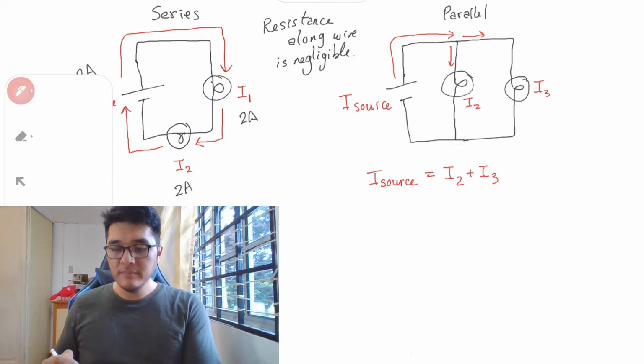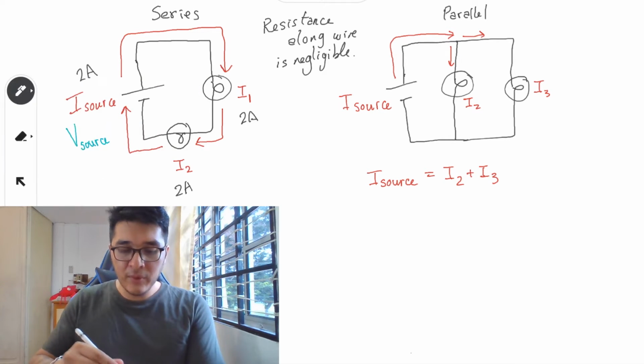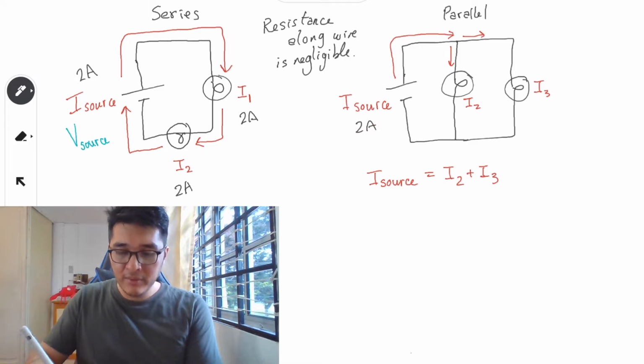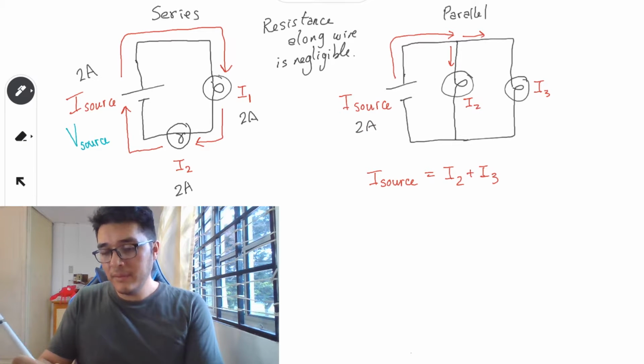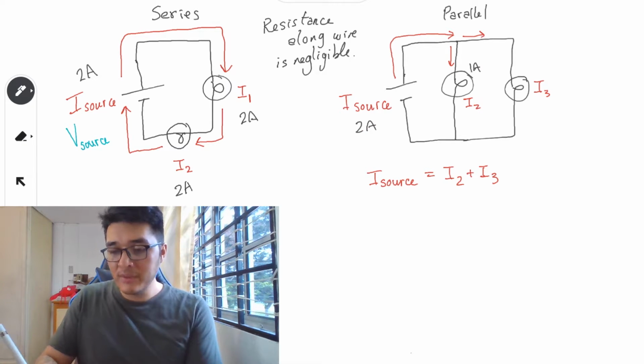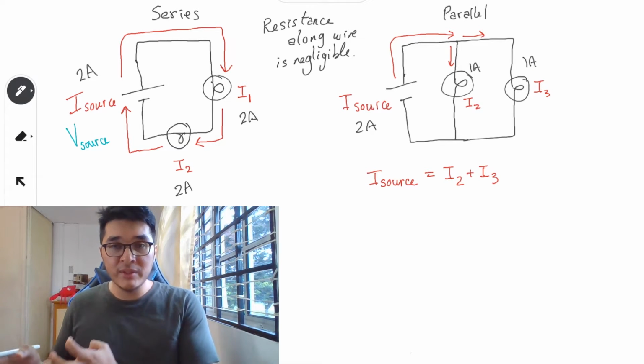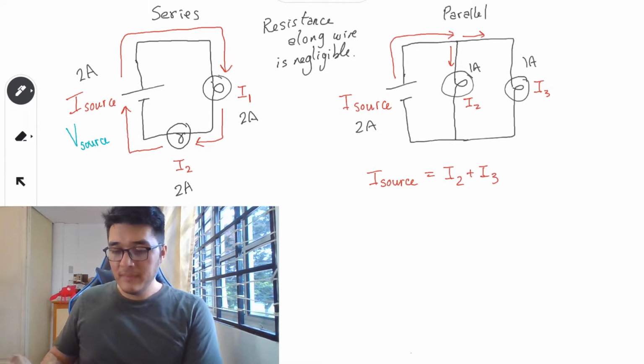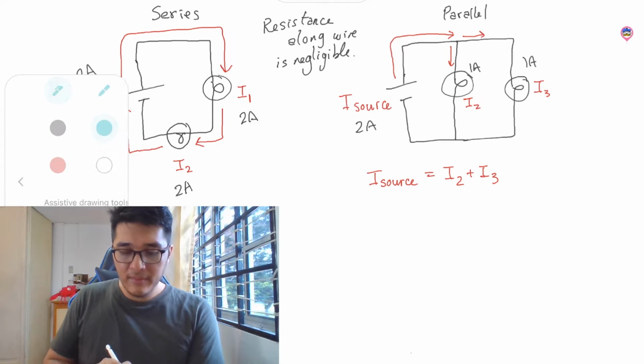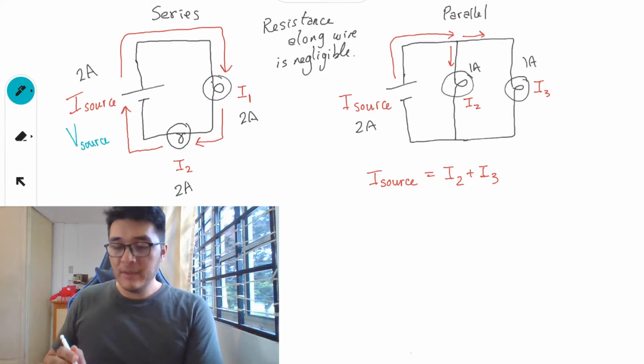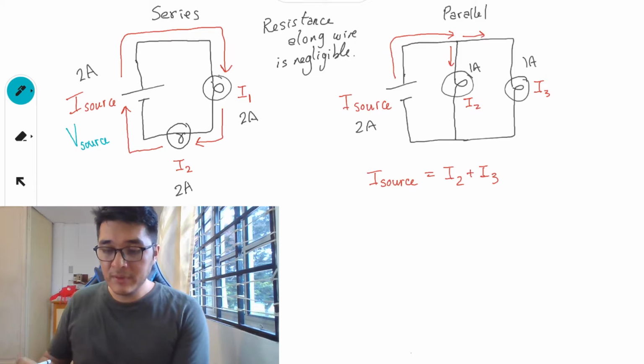Yes. Right, so if we go back to our example about 2 amperes, 2 amperes, and in one branch we could say 1 amp and the other 1 amp, assuming equal resistance. So this is in accordance with Kirchhoff's current law.